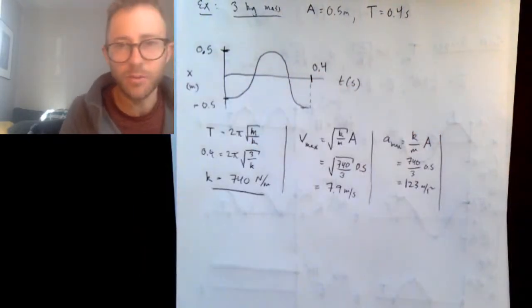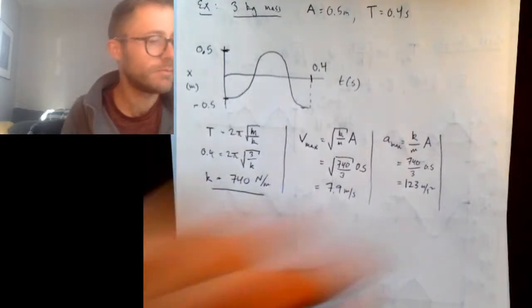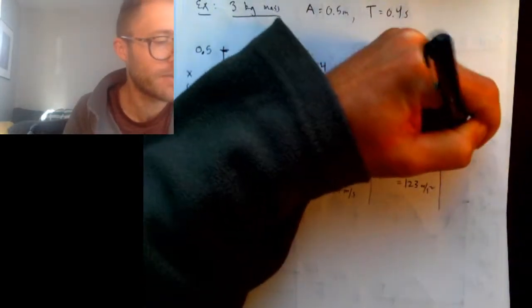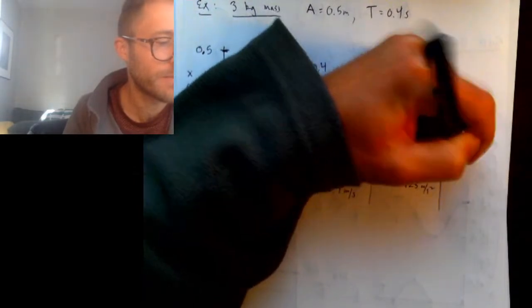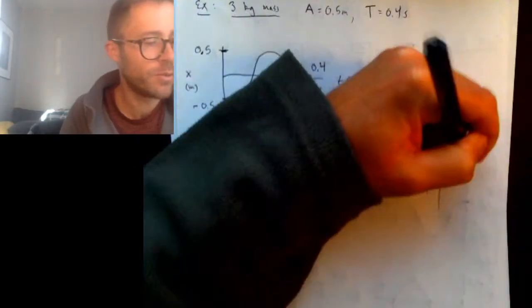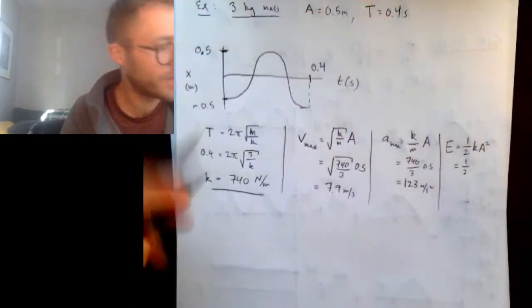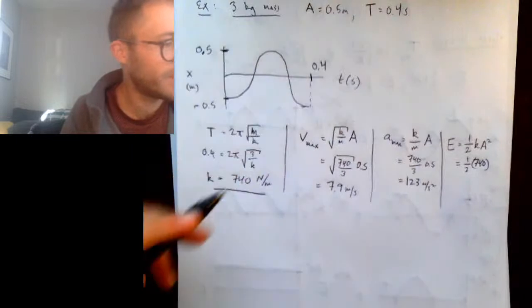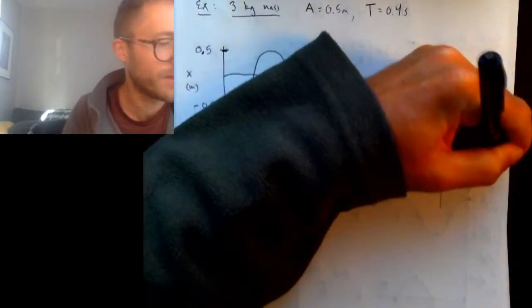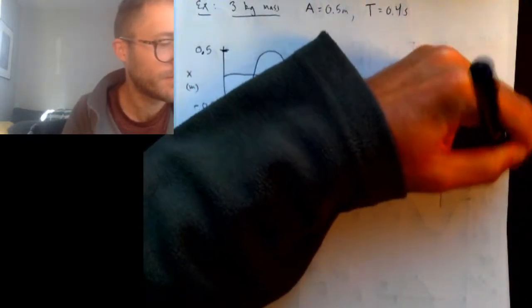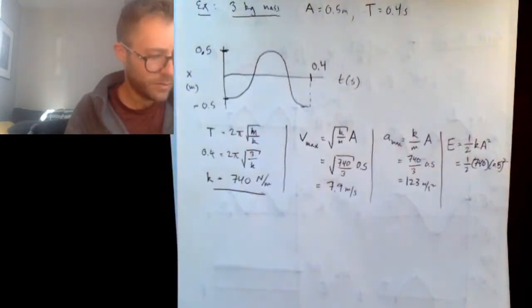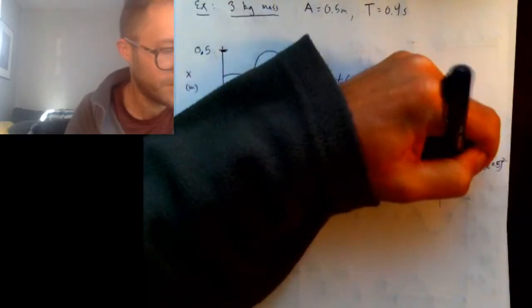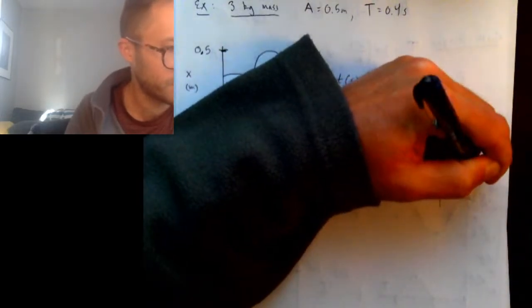And lastly, I will get the energy, which is 1/2 k a squared. So that's going to be 1/2 times the k value, 740, and the amplitude is 0.5. So 740 divided by 8 is 92.5 joules.